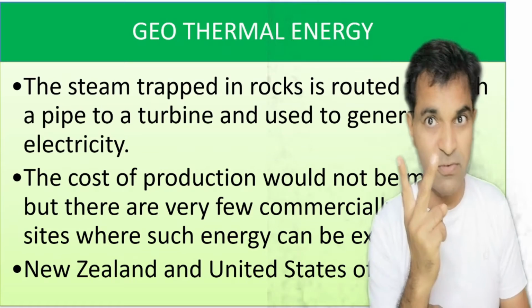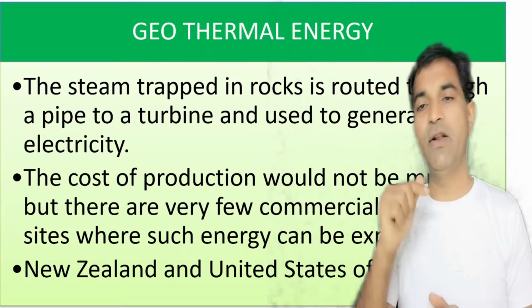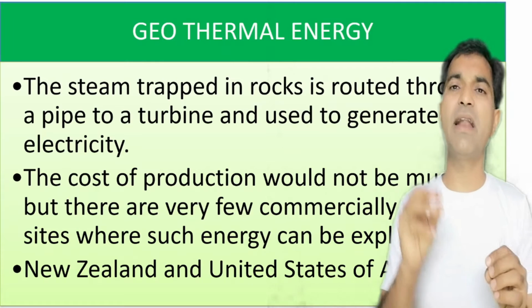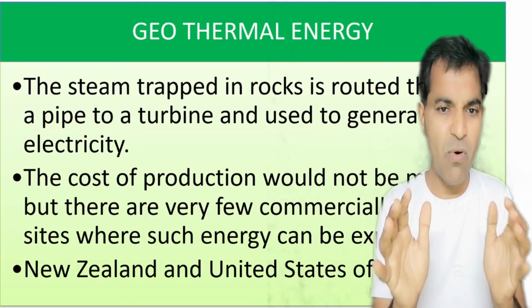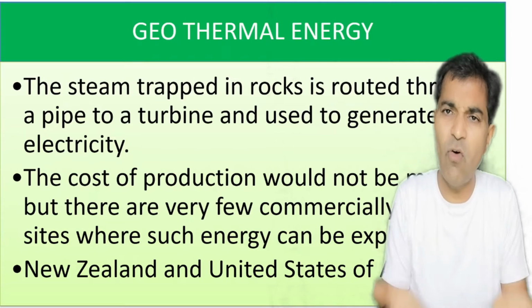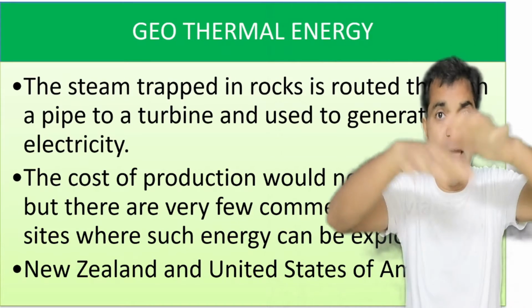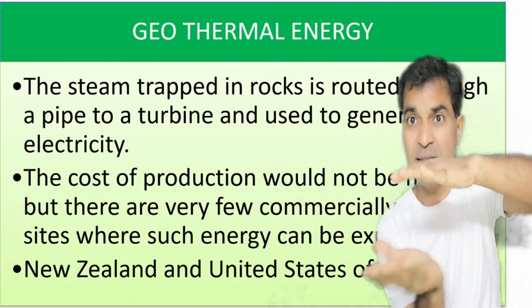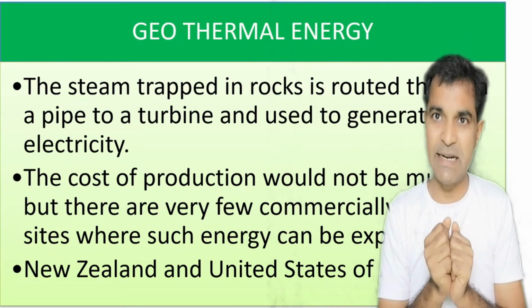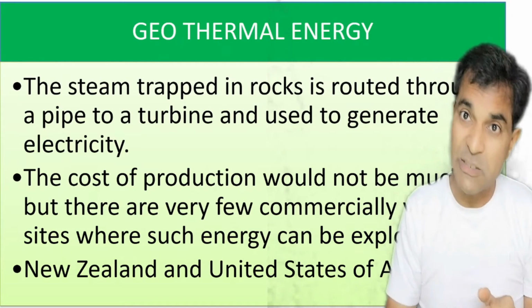So there are two different terms, hot spots and hot springs. What are hot spots? Hot spots are those spots where the lava has come upward and has been trapped under the rocks, so they are quite heated. Now what are hot springs?